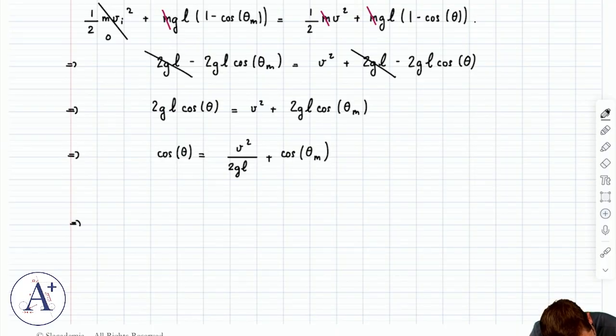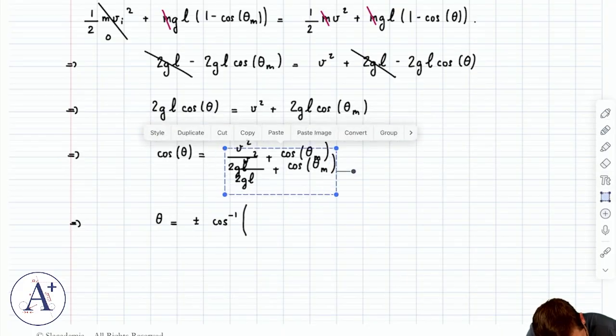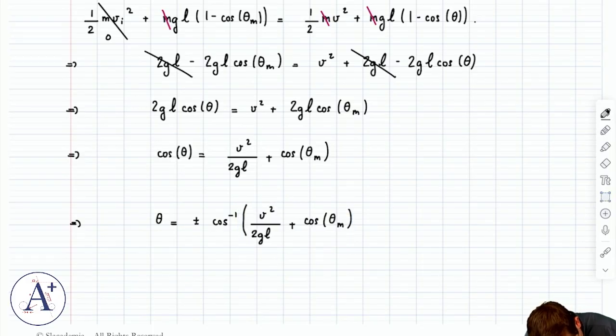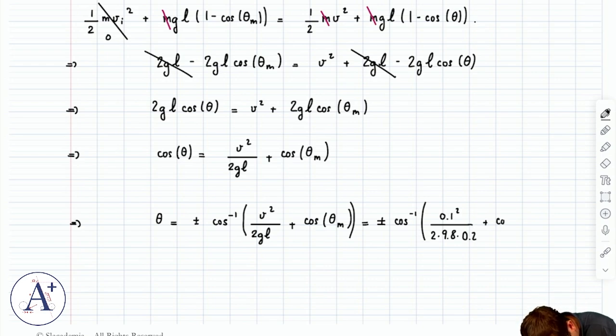So then theta is going to be equal to, well, plus or minus, because cosine theta and cosine minus theta are the same thing, inverse cosine of this, and that's going to be plus or minus the inverse cosine of v squared, which is 0.1 squared, divided by 2 times 9.8 times 0.2, plus cosine of 5.